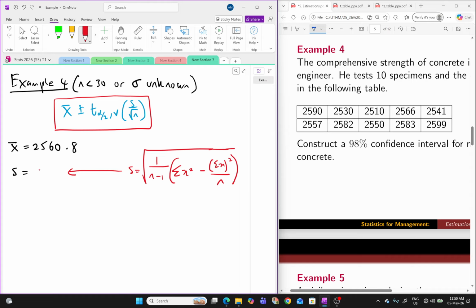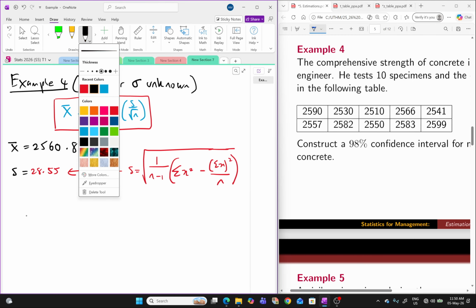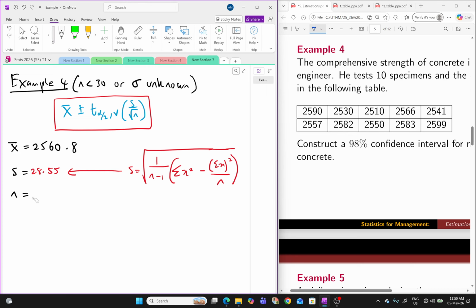If you use this formula, your standard deviation will be 28.55. You guys have to try this, as sometimes it comes out at test. Your n, number of sample, will be 10.